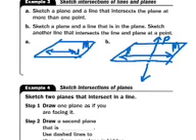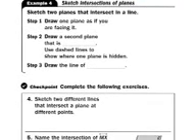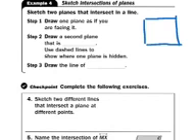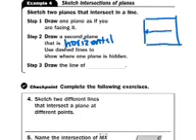So, example 4. Sketch 2 planes that intersect in a line. Draw one plane as if you were facing it. So, just a rectangle. Draw a second plane that is horizontal. And use dashed lines to show where one plane is hidden. So it makes a line, so I'm going to go ahead and draw a line here.